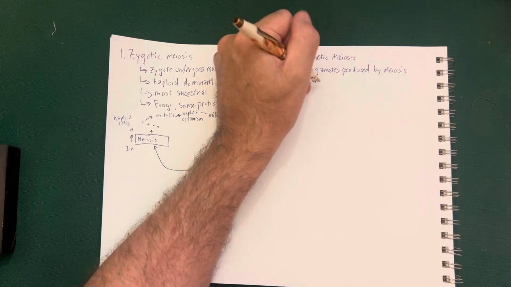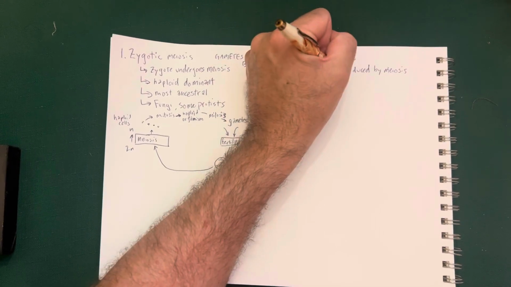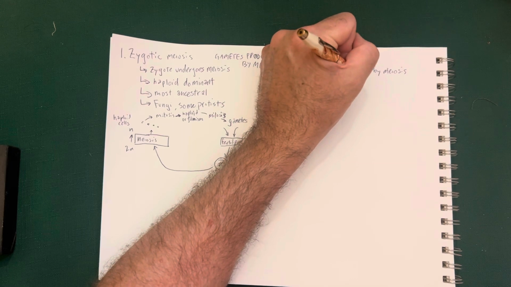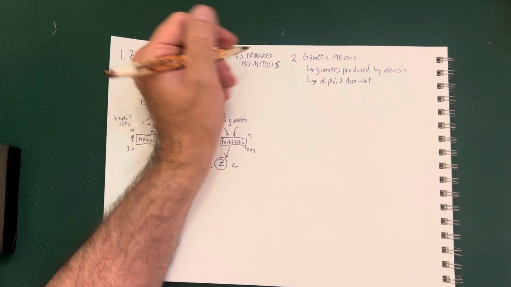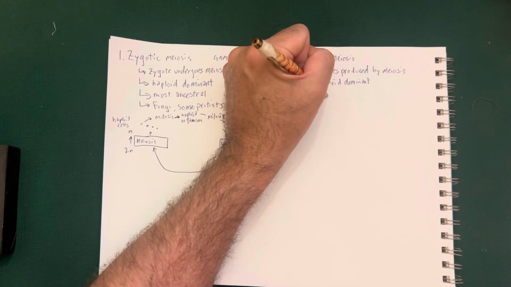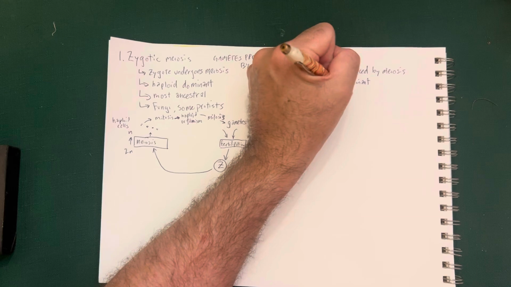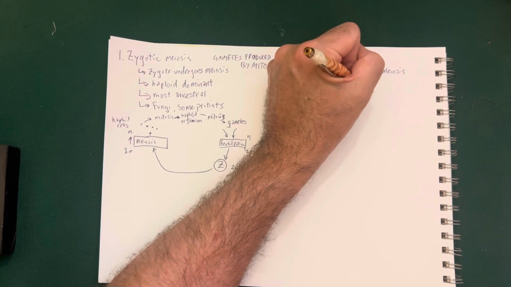These organisms are diploid dominant. And this is something that we see in animals, of which we are a part, and again, some protists.